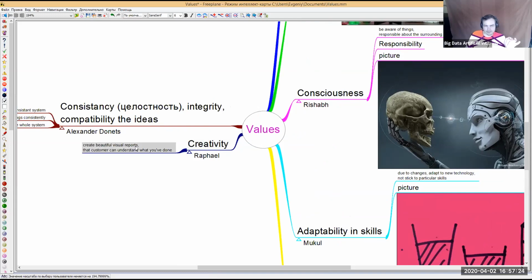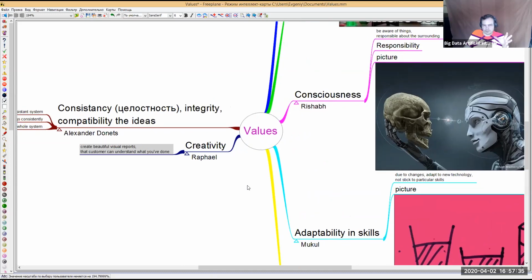Yeah. And when the person does not align to creativity, what kind of does he do? Well, creativity is not just about the visual report. I was just trying to give an example.